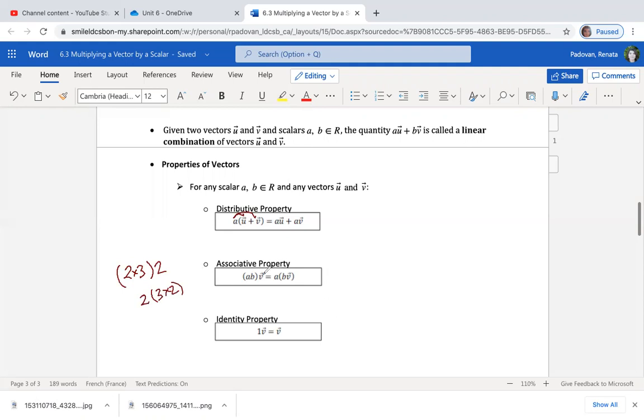It doesn't matter when you're multiplying. And the identity property is, again, the vector V is also equal to itself if it's multiplied by 1. So just anything multiplied by 1, we did say that previously. It's the identical vector, right? It's just itself. Okay, let's do some examples algebraically.